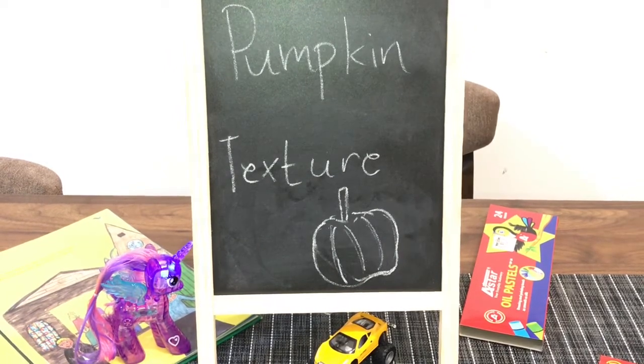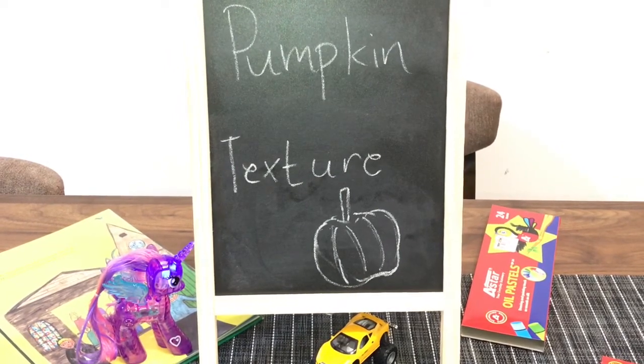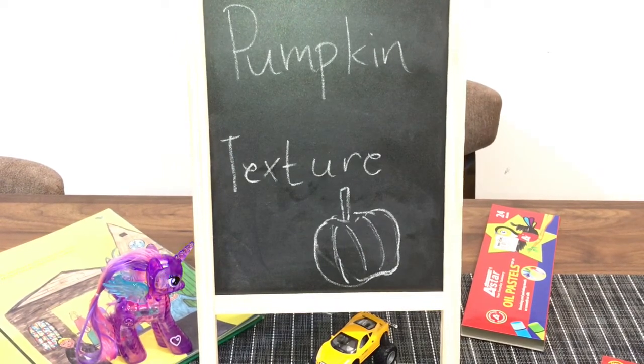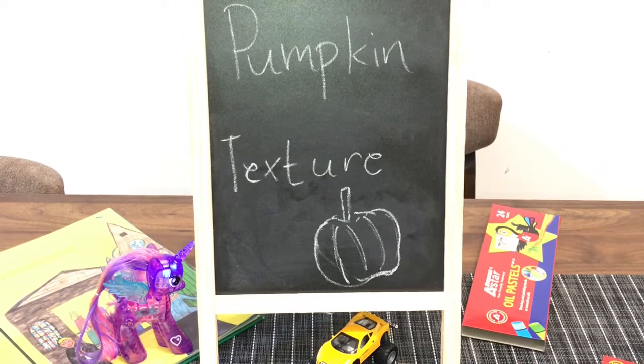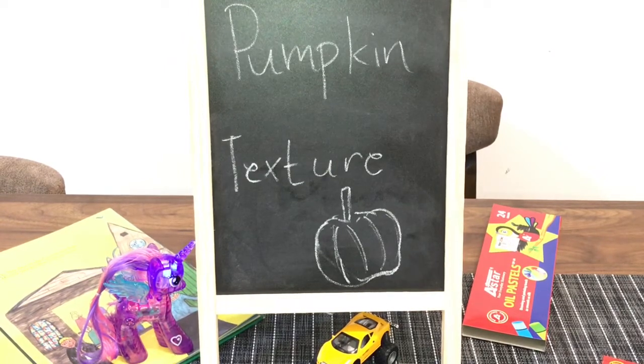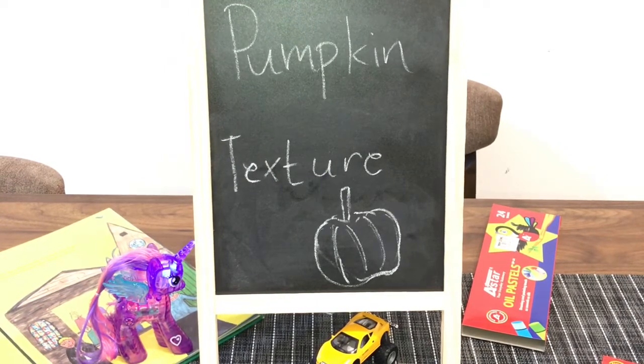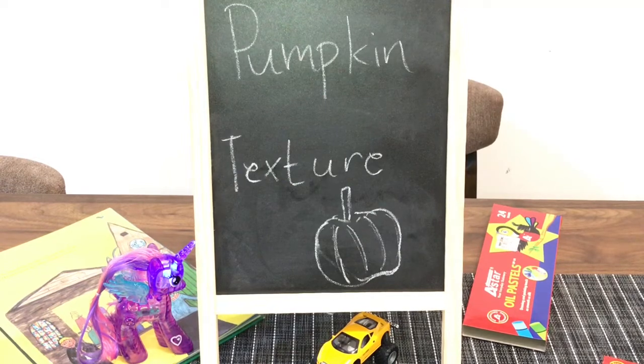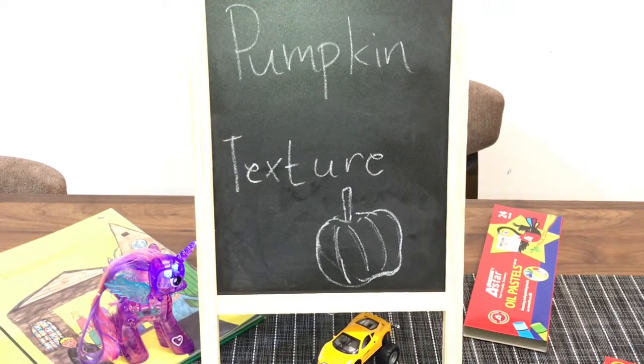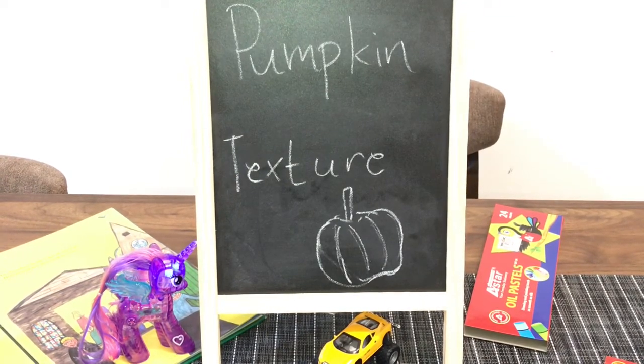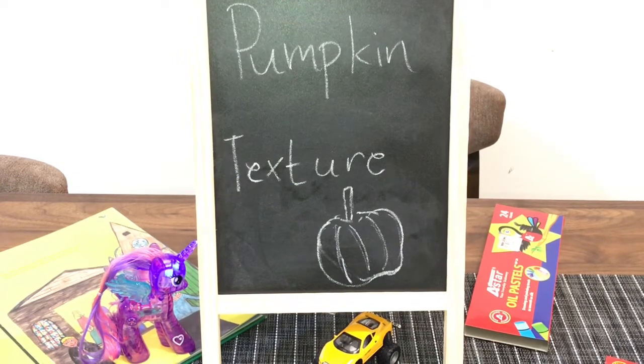The first one is the element of texture, and the second is value, which is the amount of lightness and darkness in your drawing. So you need to produce a drawing which shows the pumpkin's texture.